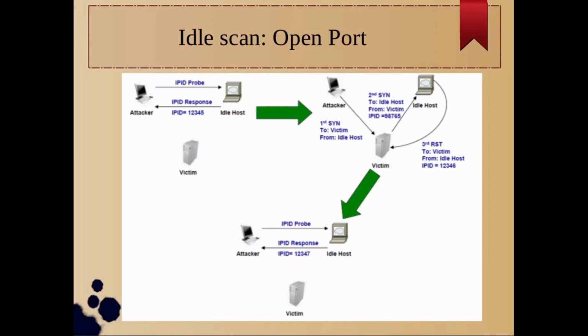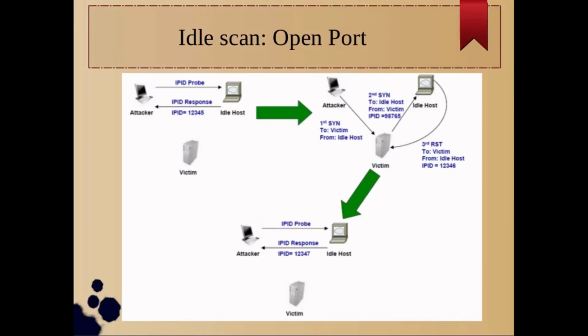Now the next thing, the attacker sends the victim the same and analyzes the response from the idle host. Now what happens is the attacker sends a SYN packet to the victim, spoofing the idle host.